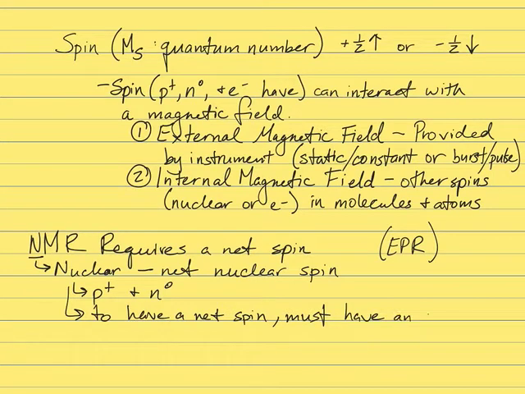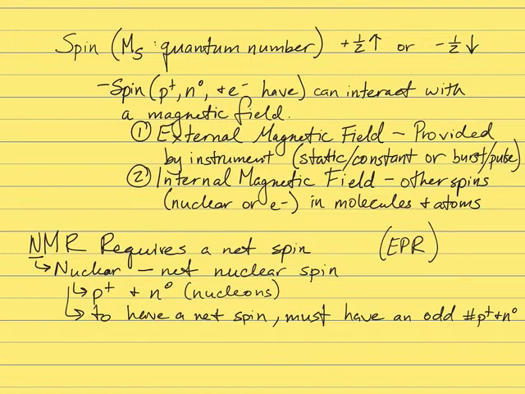So we must have an odd number of protons and neutrons, added up together. Sometimes we call protons and neutrons nucleons, which just means they're particles inside of the nucleus.